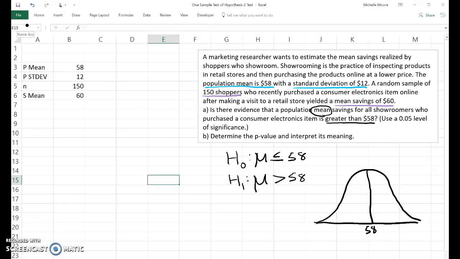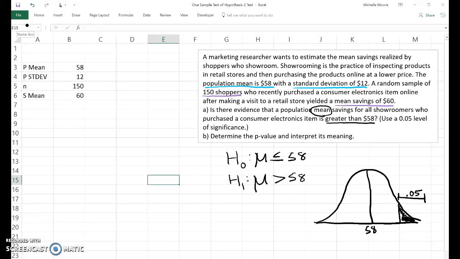In this case, we have inequalities, and the question is it greater than 58? So greater than 58 is to the right of 58, which tells us it's going to be a one-tailed test to the right. So the tail on the right-hand side, I'm going to go ahead and shade in. Now the question also tells us to use a 0.05 level of significance, so the area under the curve should be 5% of the curve right here. So this is 0.05.